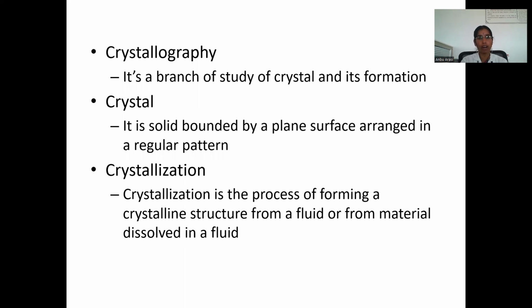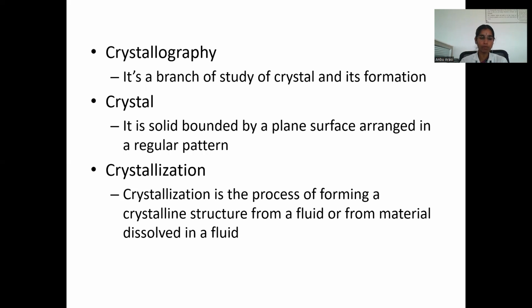And crystallography is the branch of mineralogy dealing with the study of crystals. And amorphous: an amorphous mineral is in powder form and lacks both internal atomic structure and external geometric form.